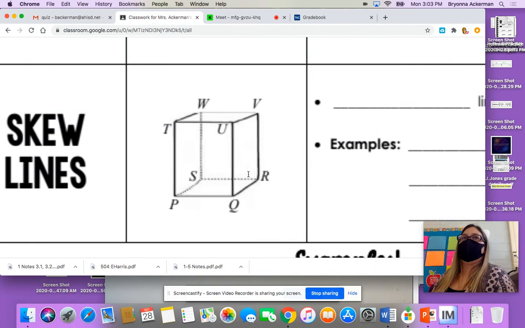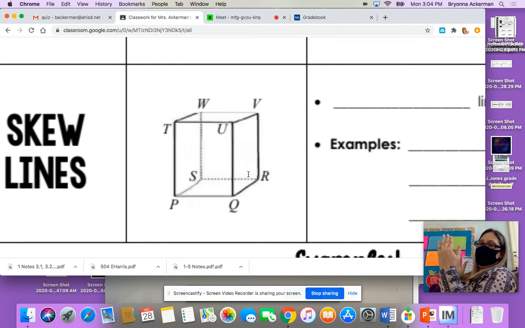So if I'm looking at a three-dimensional shape, I can see that each face is its own plane. So for example, the front plane, we could say like PQU, plane PQU. That plane is parallel to the back side, which would be plane SRV, right?